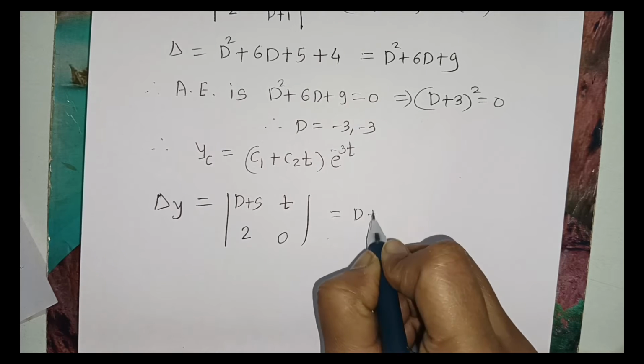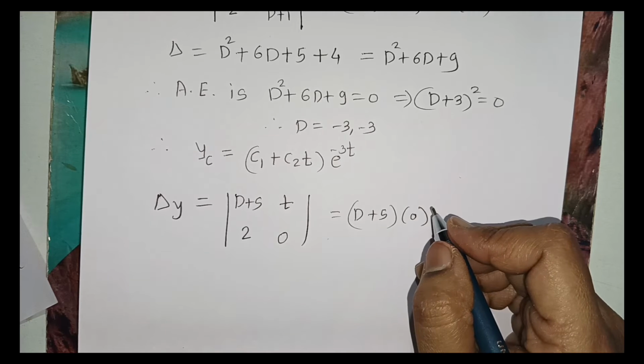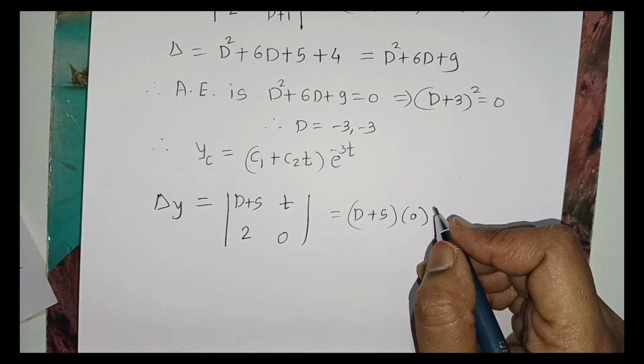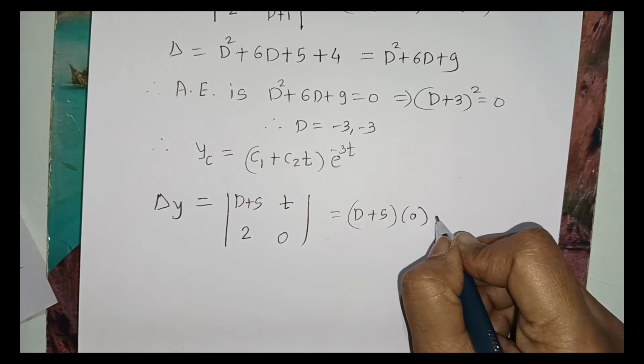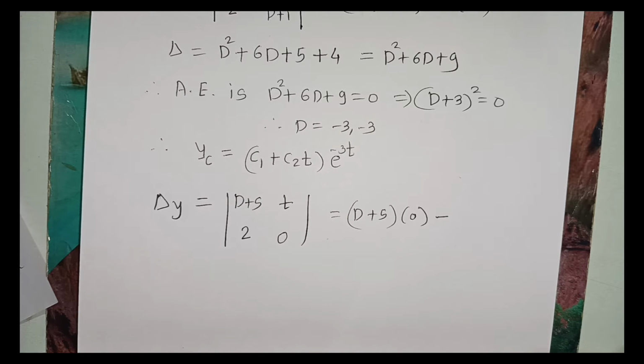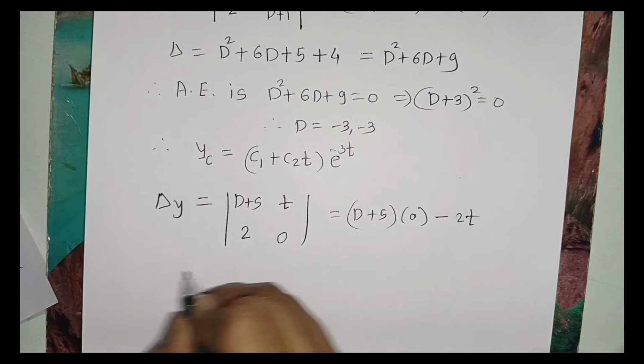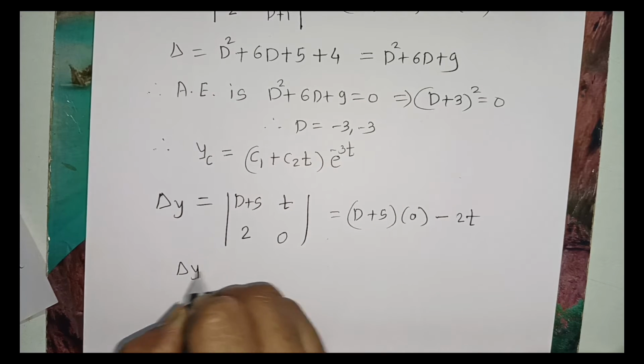So D plus 5 multiplied by 0 minus 2t. So del y is equal to minus 2t.